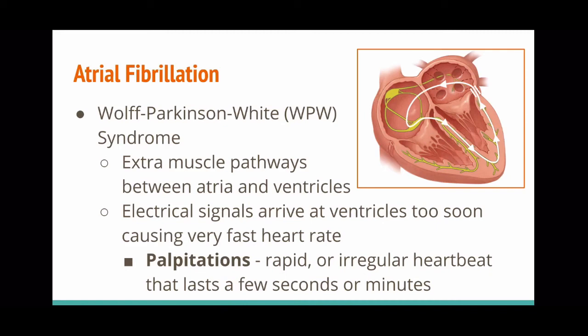And the result is a really fast heart rate. People with this syndrome may feel dizzy, they might have chest palpitations or episodes of fainting due to that fast heart rate, and palpitations is one of your terms for this chapter, and it means a rapid or irregular heartbeat that lasts a few seconds or minutes.